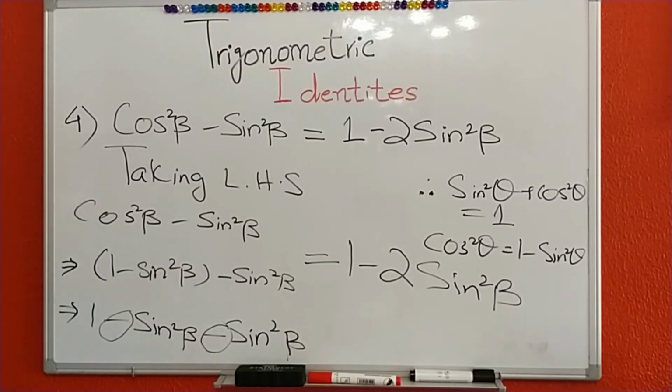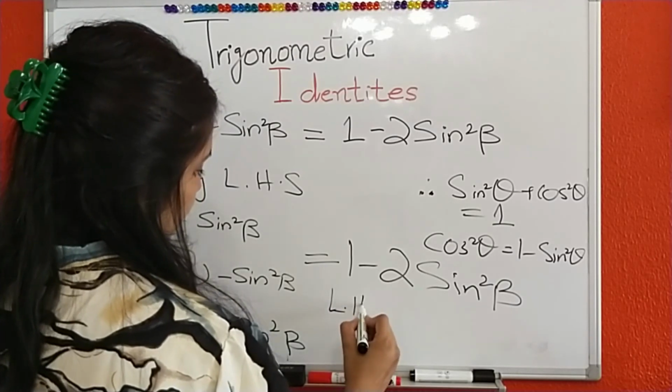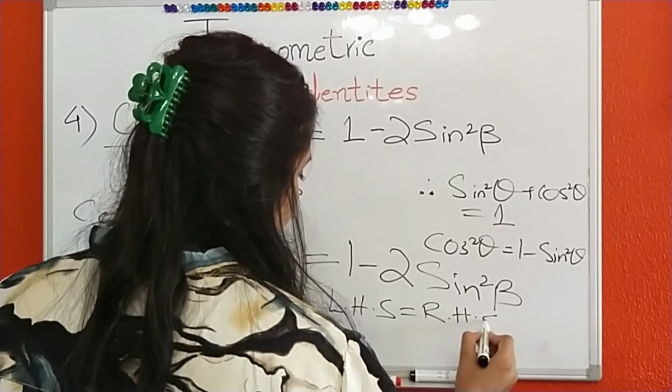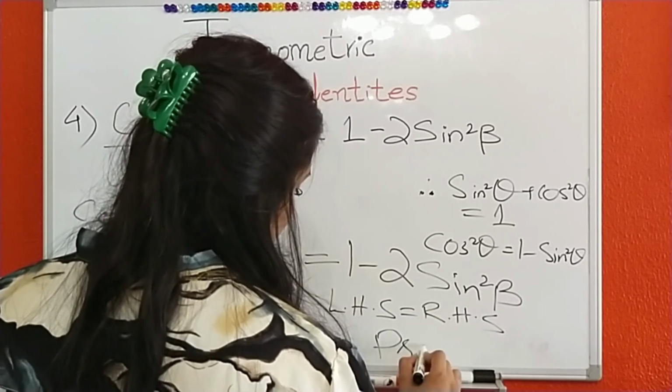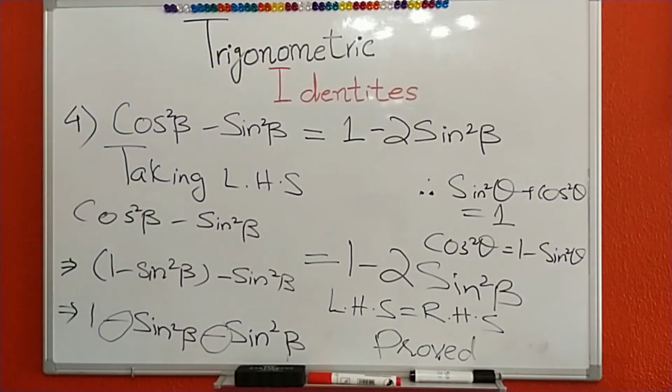So left hand side is equal to right hand side and proved. It is an easy question. Now I'm going to teach you another easy example.